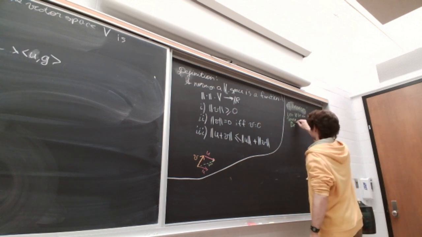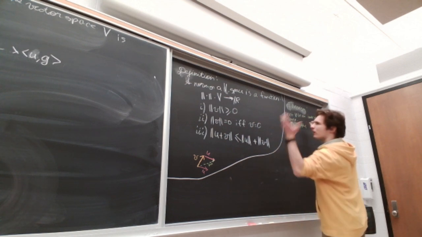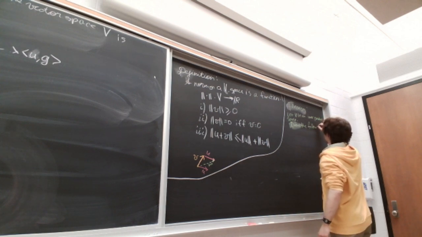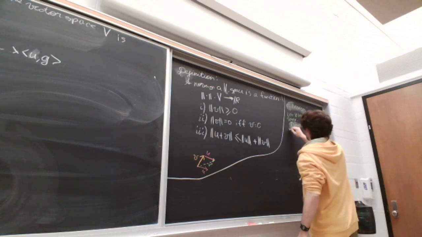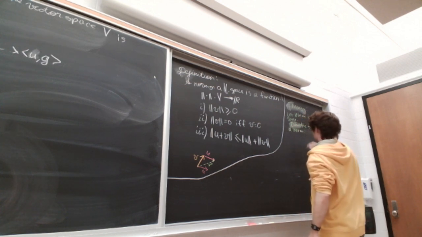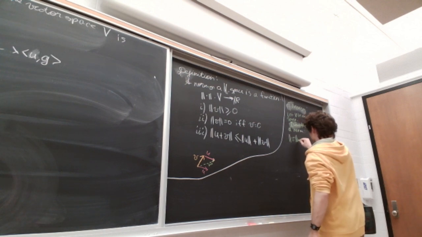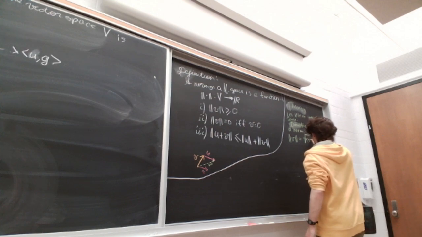Then the following is a metric. Wait, not a metric. A metric is a bit different. Then the following is a norm: the norm of v is equal to the square root of the inner product of v with v.